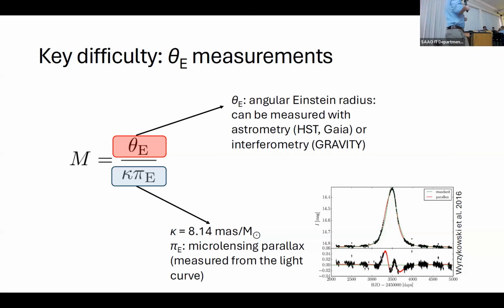There are basically 2 ways you can measure these quantities. You can either use astrometric techniques, and we will have the next few talks about that topic. Alternatively, you can use interferometers such as GRAVITY, and this is what this talk is going to be about.